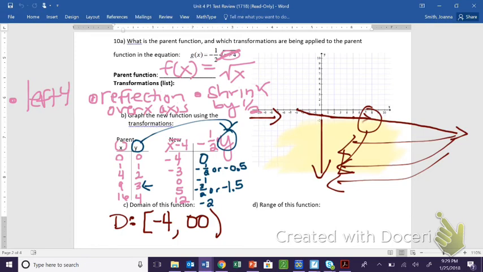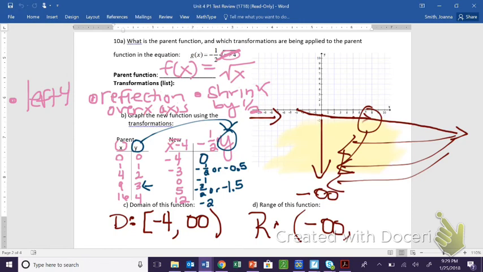But not every single positive y value. It will hit every single negative y value. So we can say the smallest y value is negative infinity. Okay? Don't put 0. It's negative infinity.